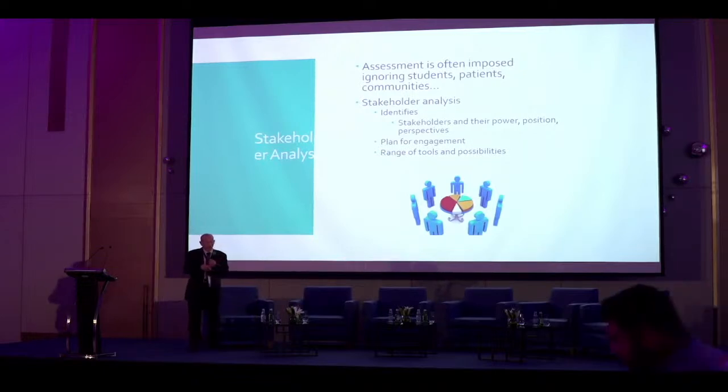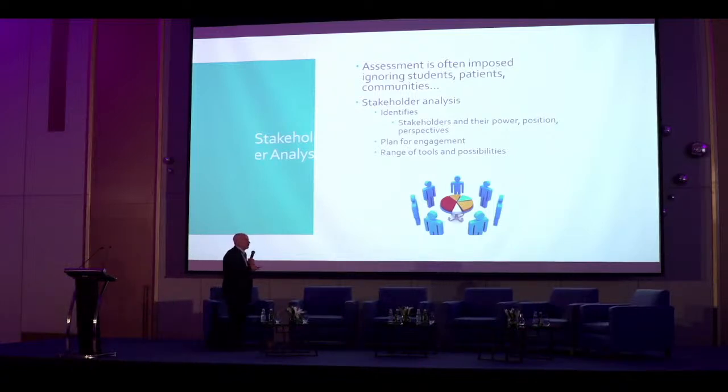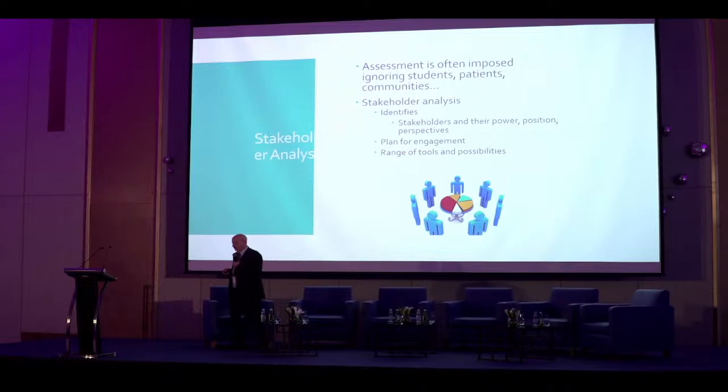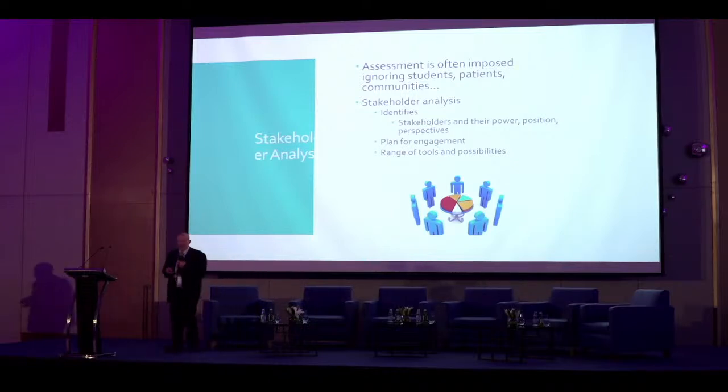It's important to identify what their power is in the process, what their position is, and what their perspectives are. So in developing a system of assessment, it's absolutely critical to plan for engagement, and there are a range of tools and possibilities for ways to manage this.